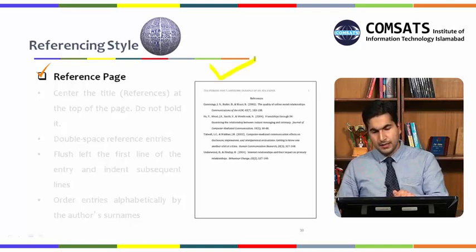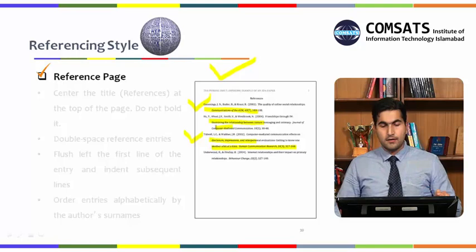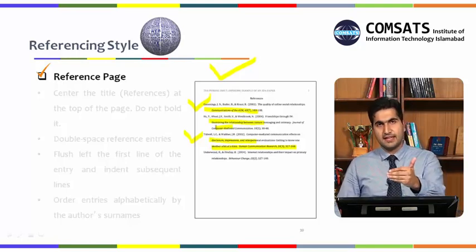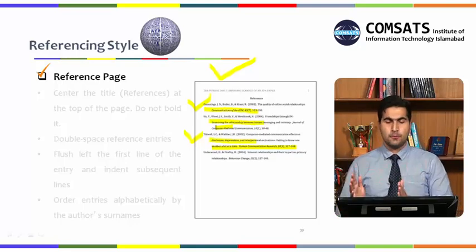Of course, you can see the first line of each reference is on the left, whereas the second line has this one, and this one, of course. So these are basically the second lines of the same reference. These are indented. It's called hanging indentation. The option of this hanging indentation is also available within your Word document.